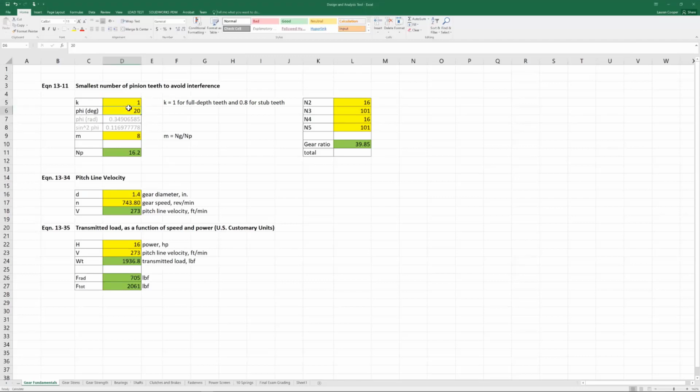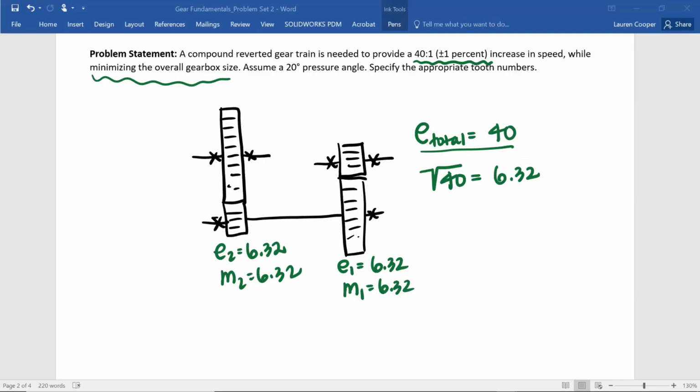Okay, so we have a 20-degree pressure angle. We can get exact values, so square root of 40, 16 exactly. Okay, so we'll go with that. So we'll call this 2, 3, 4, 5.